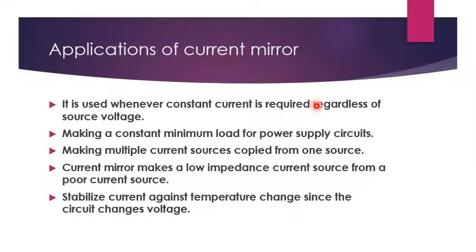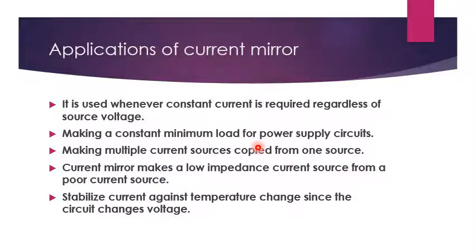Now the application of current mirror. It is used whenever constant current is required regardless of the source voltage. Instead of a physical current source, we can use a transistor itself as a current source. It also makes a constant minimum load for power supply circuits.